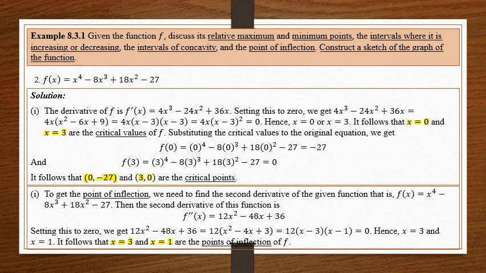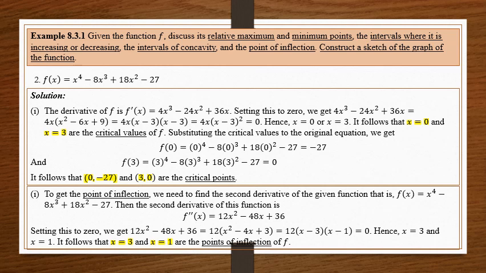So, setting this to 0, etong nakuha natin na first derivative, we have 4x cubed minus 24x squared plus 36x equals to 0. Okay, factor out natin si 4 because 4 is their greatest common factor. Also yung x is their greatest common factor. So, we have 4x times, sa first term, we left with x squared na lang.